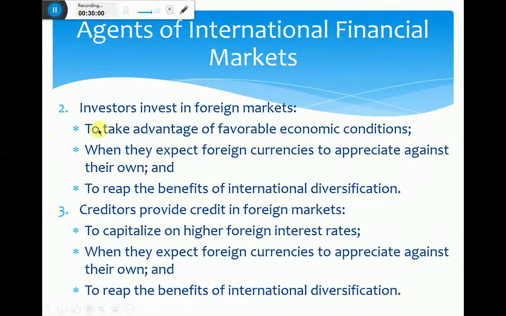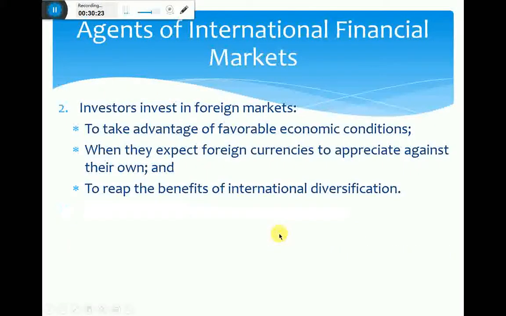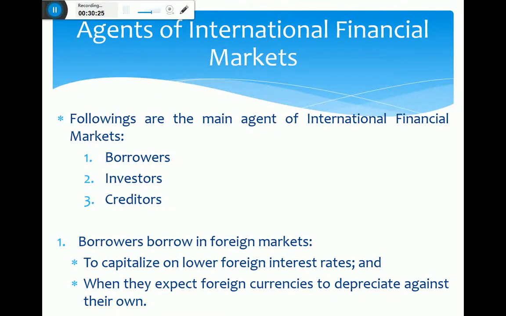So if we look at investors and creditors, somehow the second and third reasons are the same, but the first reason is different. The investors want to get the benefit of better economic conditions, while the creditors want to get the benefit of foreign interest rates. Similarly, if you look at the borrowers, they capitalize in order to get the benefit of lower interest rates.